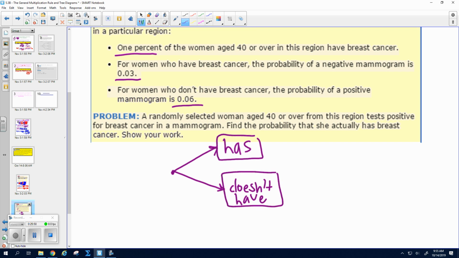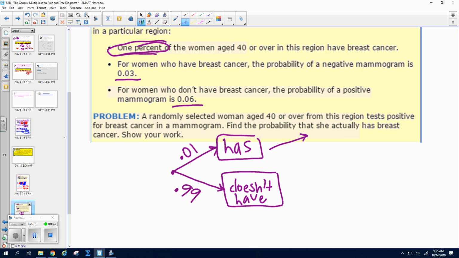And Aaron, what % of women have breast cancer? Okay, so I'm going to put my 0.01 here. So then, Luke, what goes here? Nope. You either have it or you don't have it. Yes, 99%.